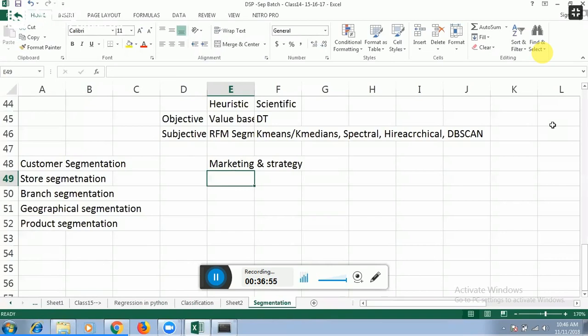A simple example: if you think about Apple iPhone, are they targeting every customer in the market? No, right? They are targeting a specific set of customers. What are their expectations, what kind of money can they spend, and what do they expect from product usage and service usage? They also design the products specific to that group.